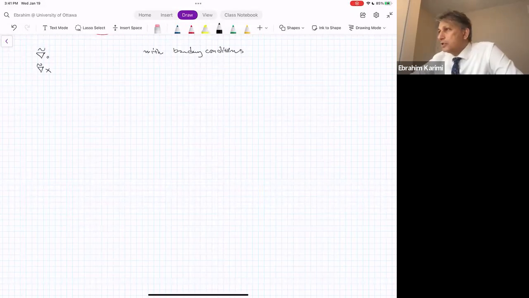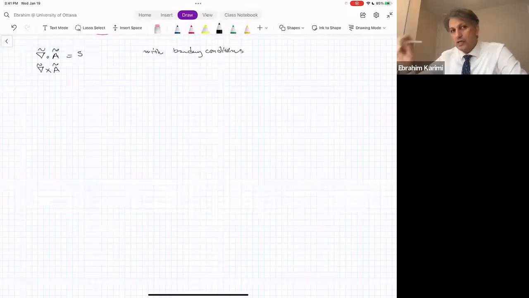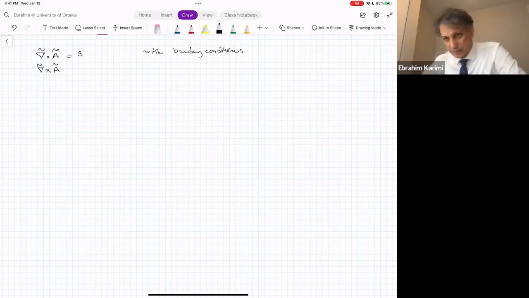Assuming that there is a vector, and I will call it A. The divergence of A, which is a scalar quantity and gives me the source for vector A, is known in space, and I call it the S function.